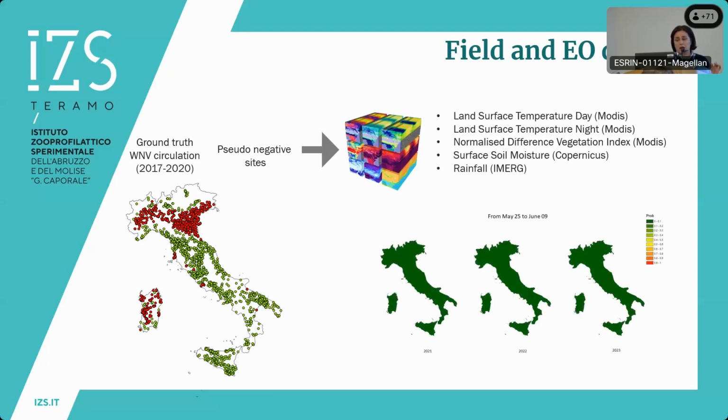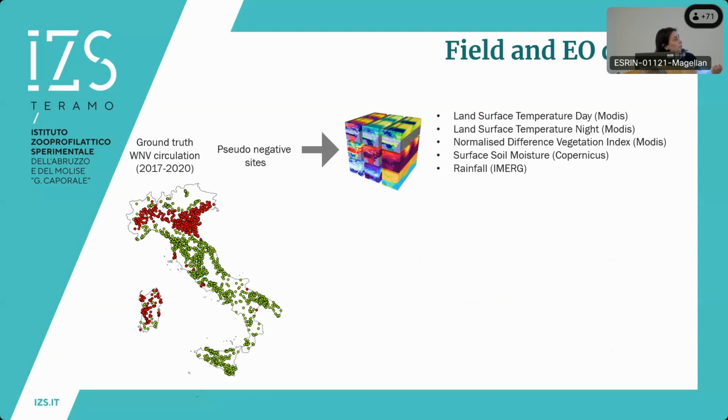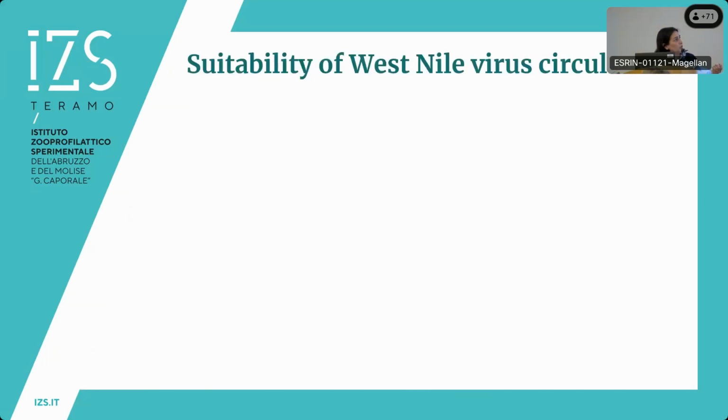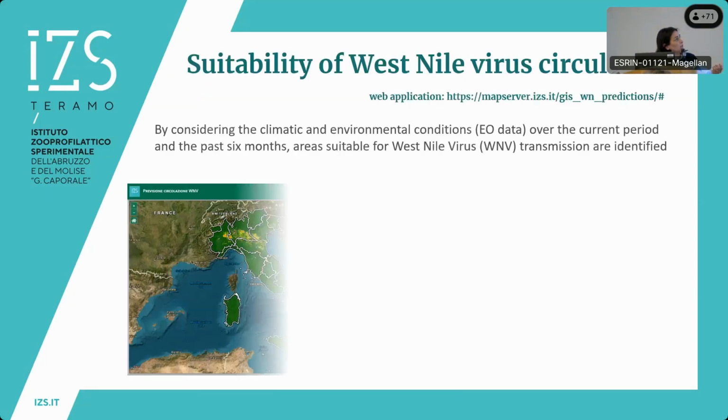This is how the suitability appears in different years from 2021, 2022, and 2023. This is to show you that actually what we want to highlight is that in different years, we might have different environmental and climatic conditions. Look here in the northern Italy.